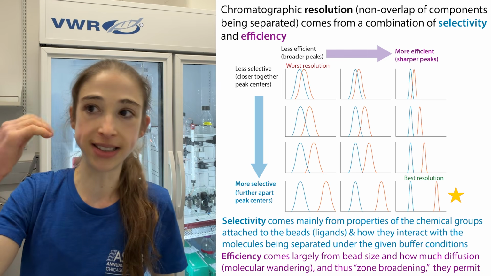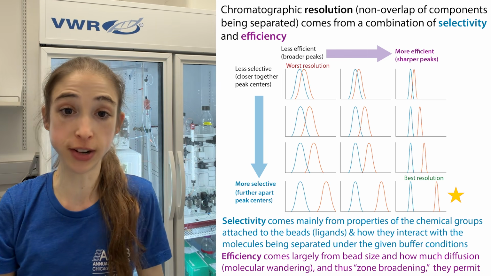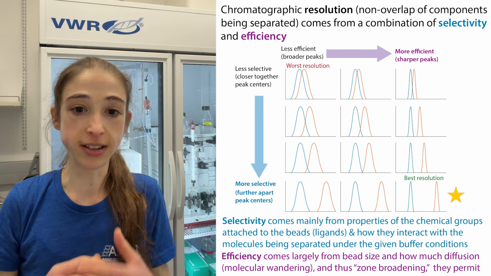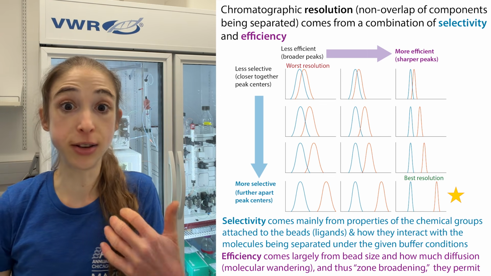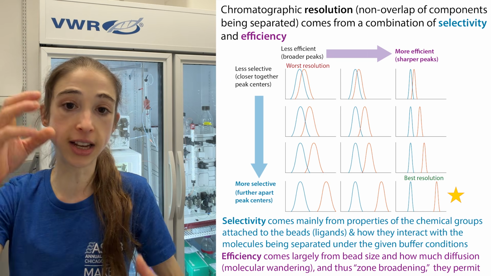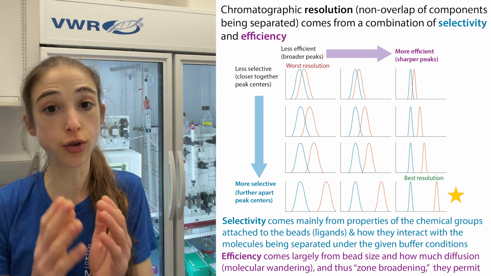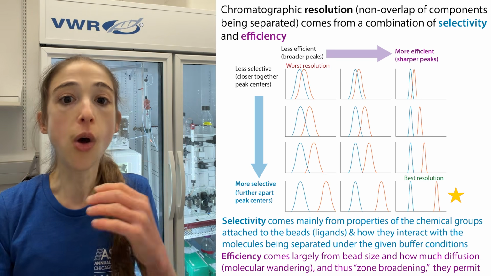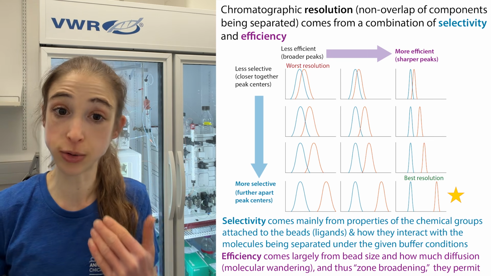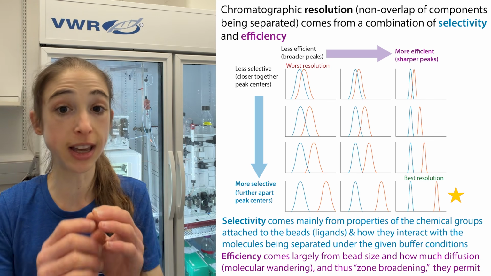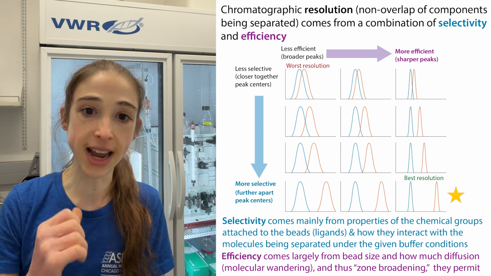And you might scale things up after you find the right conditions with your sampler kit. But you could also use the same column and change the conditions of your buffer to try to get better selectivity. So there's a lot of optimization you can do in order to get good resolution with a technique like HIC.